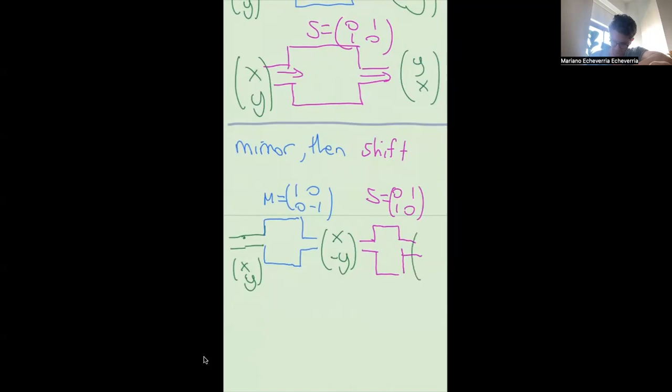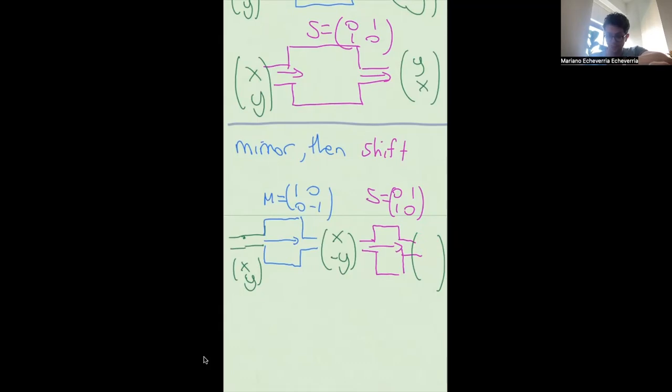Is that making sense? But the shift machine still does what it's supposed to do because it's a shift machine. It is supposed to shift the entries, right? So what should be the first entry here? Yeah, exactly.